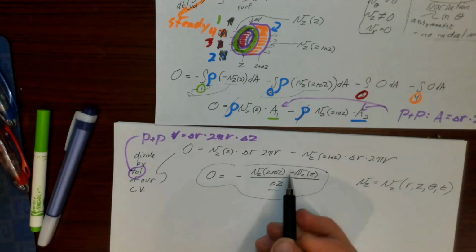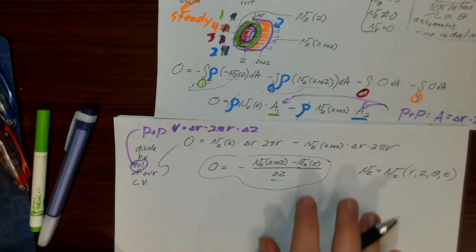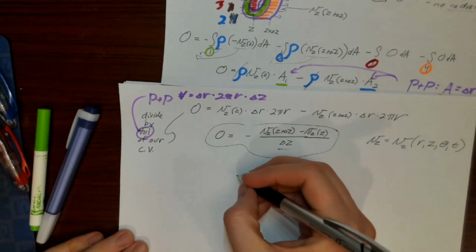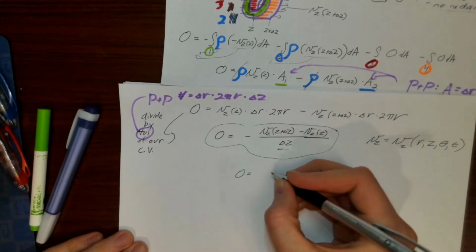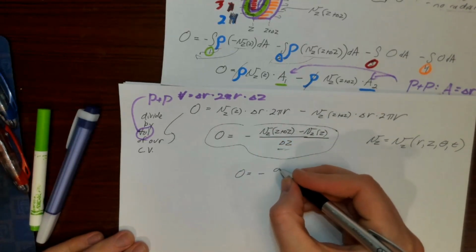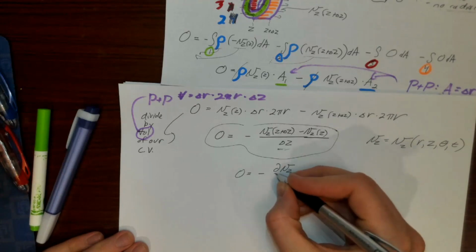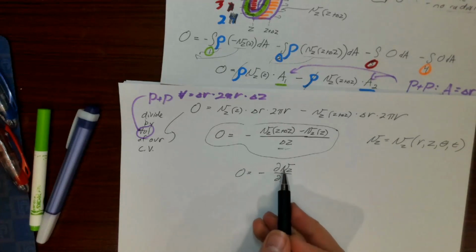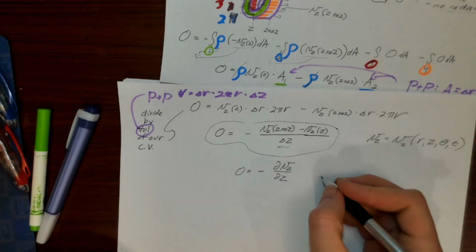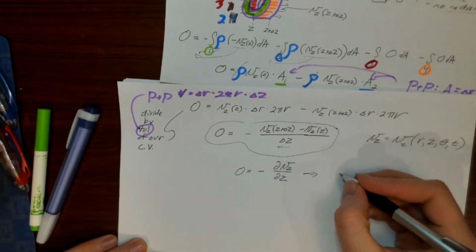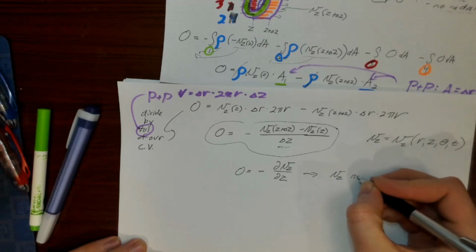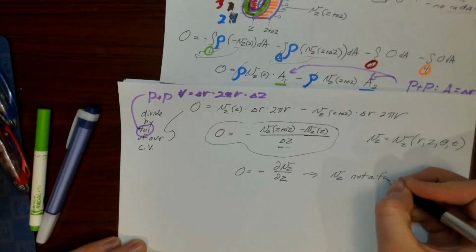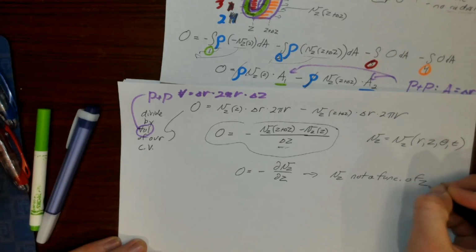We say, hey, this is a derivative, but not an ordinary derivative that we're used to from Calc 1. This is instead a partial derivative. So we still have this minus sign out front. Now it's partial Vz with respect to z, which is equal to 0. So this implies that Vz is not a function of z.